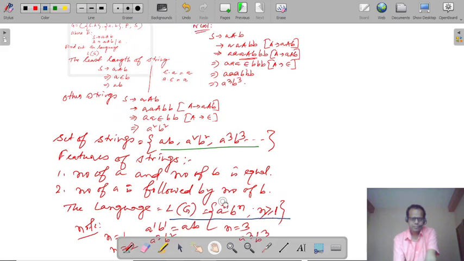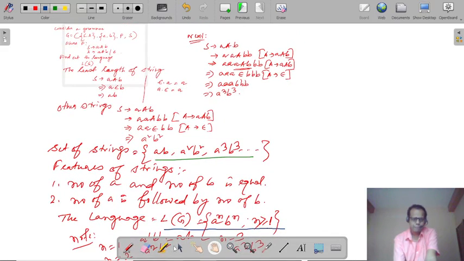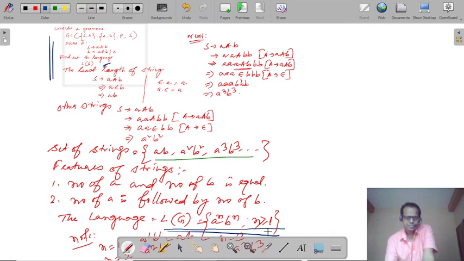So I think this is clear to everybody. The grammar is given, you need to find out the language. So the language will be this. From grammar to language or language to grammar, it is possible to convert.